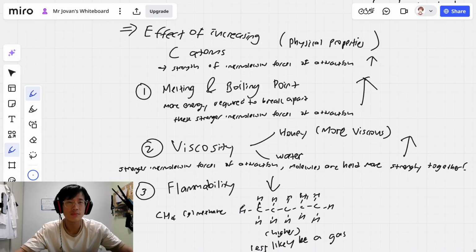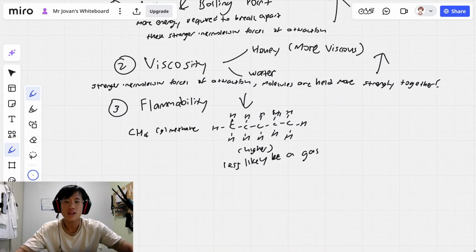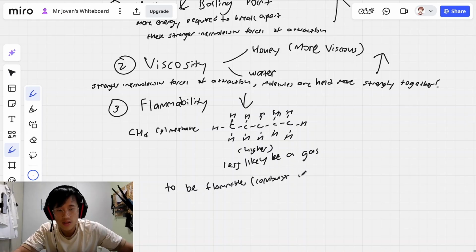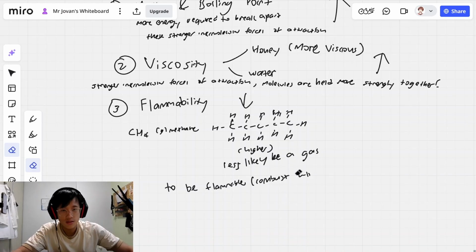Why? I'm going to go deeper again. Because to be flammable, or another word is combust. You remember what we learned? Combust. That's oxygen.